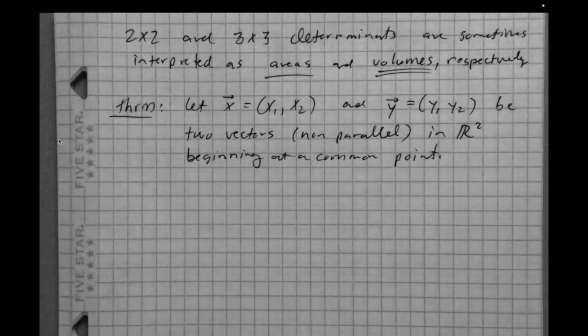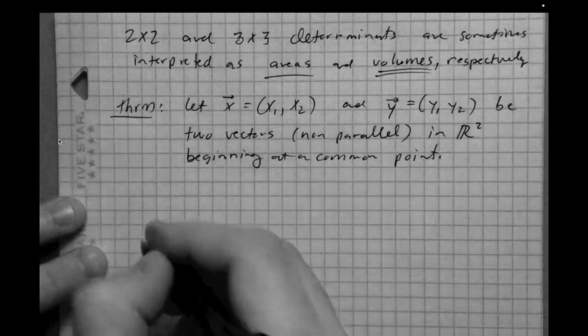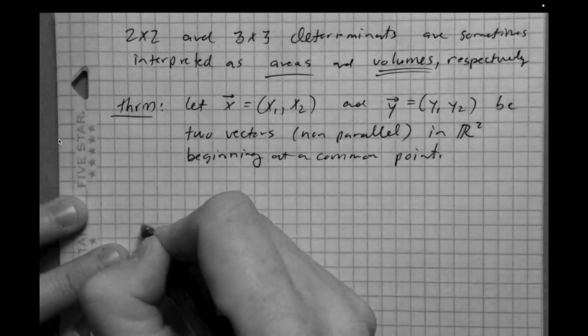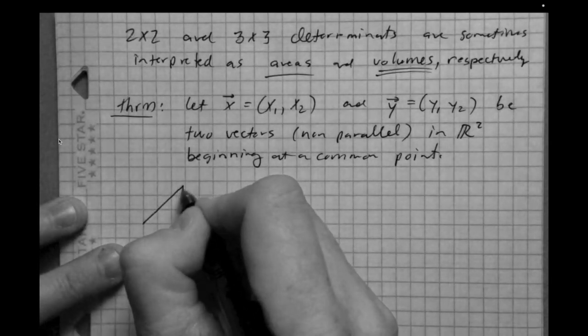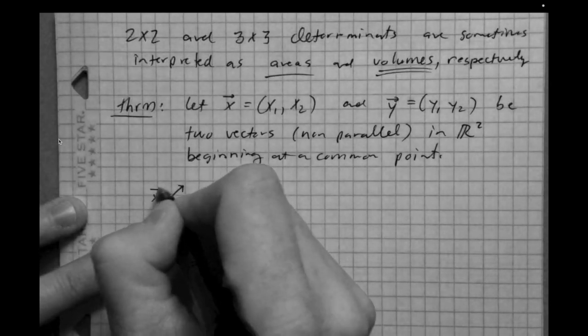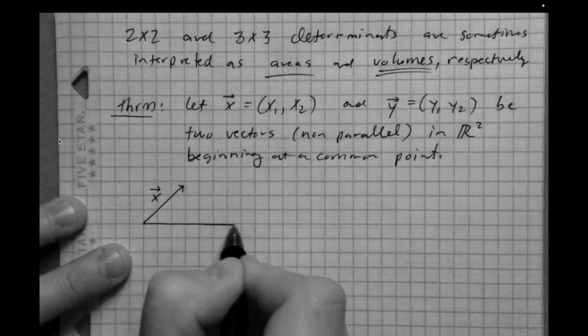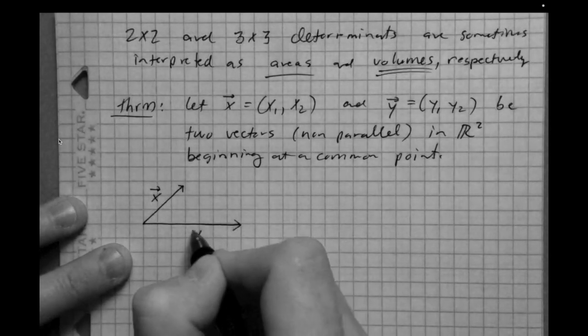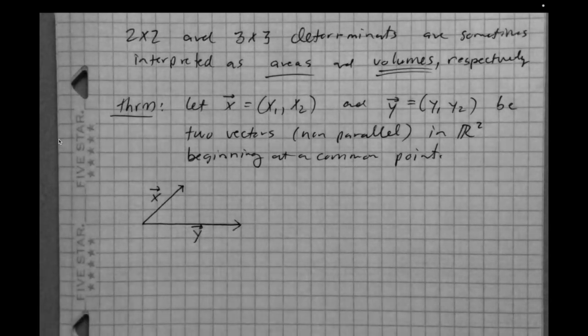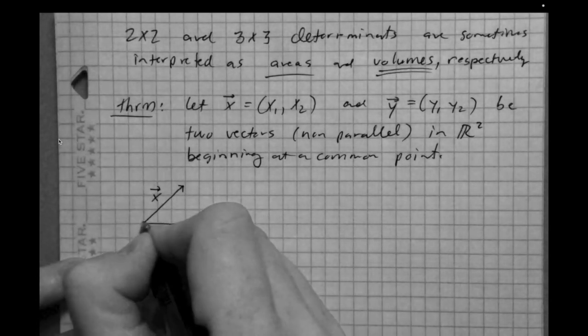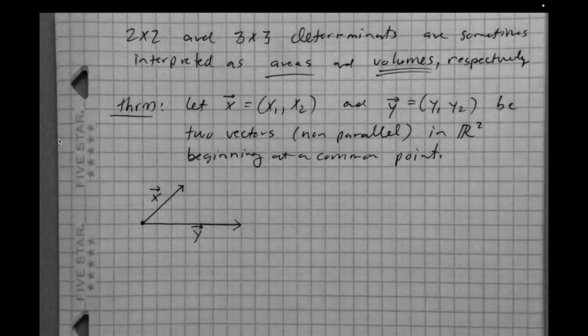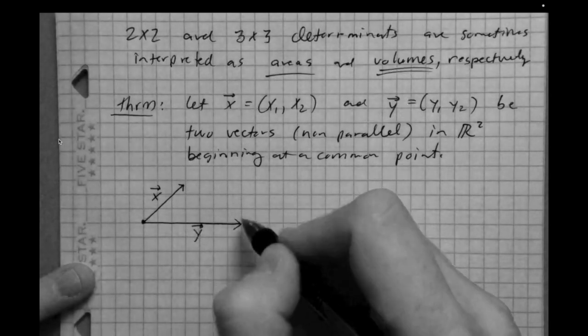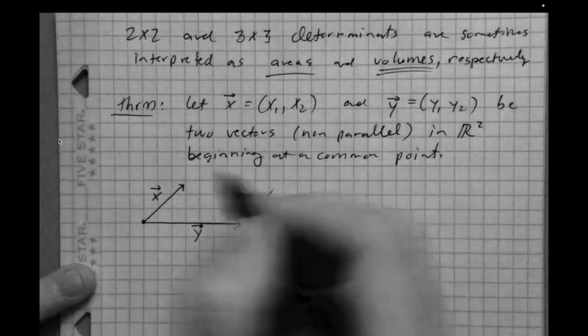And then let's draw a picture here just to make sure we see what's going on. So I've got some vector here, which I'll call x, and then some other vector here, which I'll call y. They obviously start at a common point here. Now these two vectors imply a parallelogram, right?